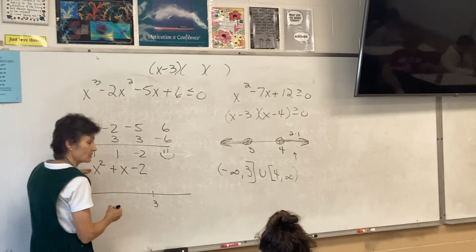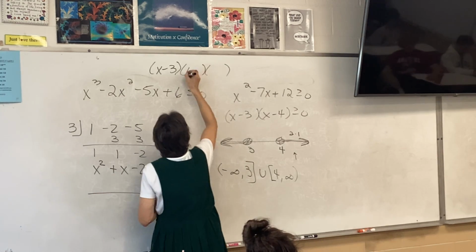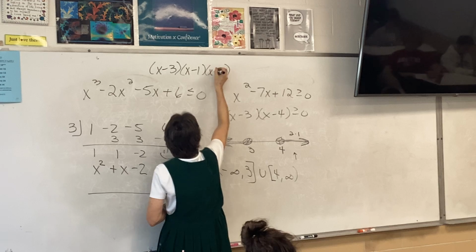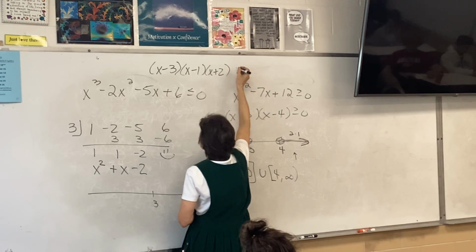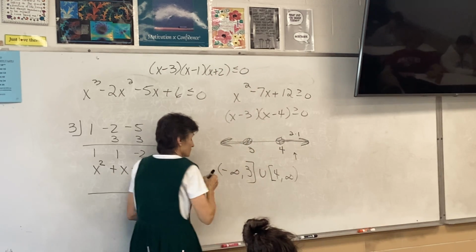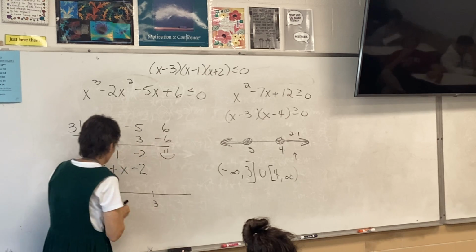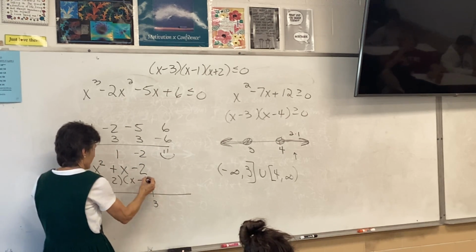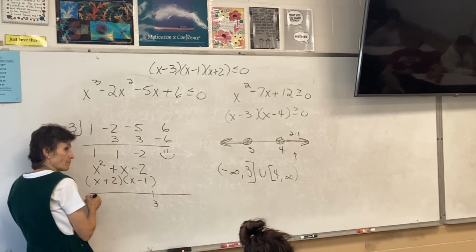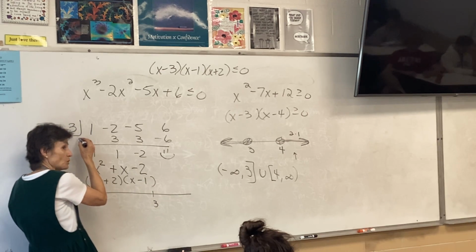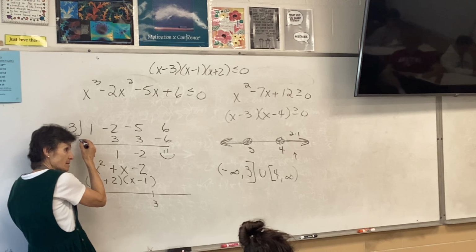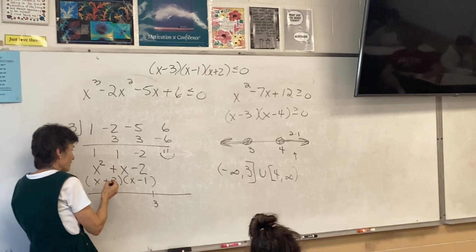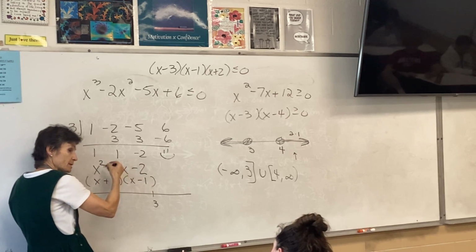How does that factor? Minus 1 plus 2. So this right here factors. So I have my original factor that I guessed, and then now I have these 2 that come from factoring the part that's left.